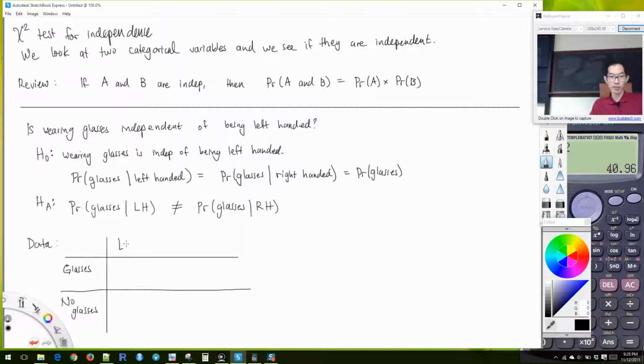And we'll have left-handed versus right-handed. Okay, so let's put 10 here, 70 here, and 15 and 100.